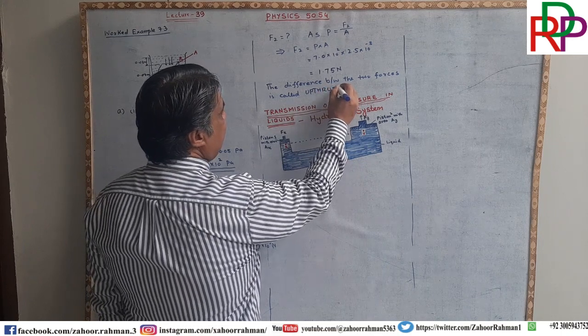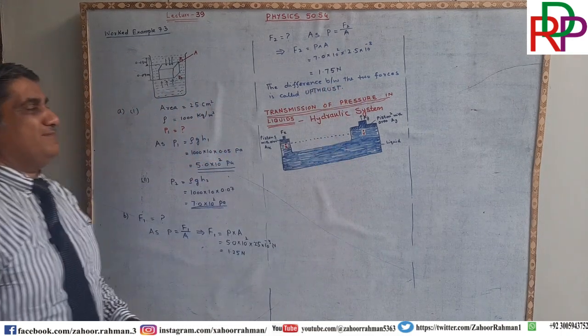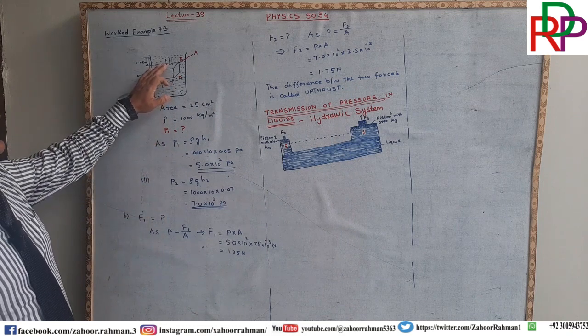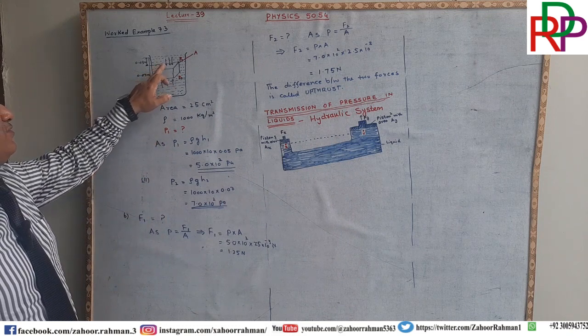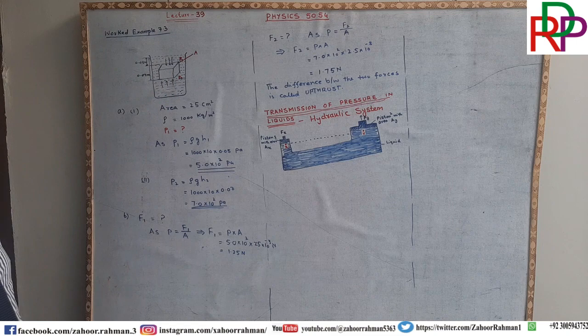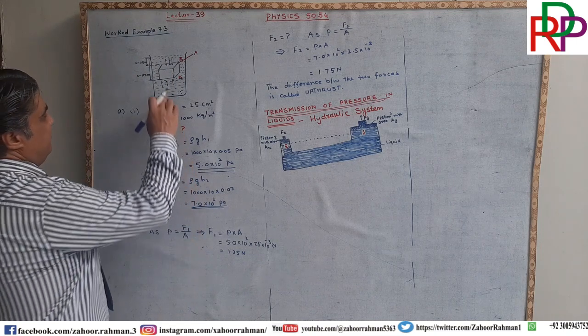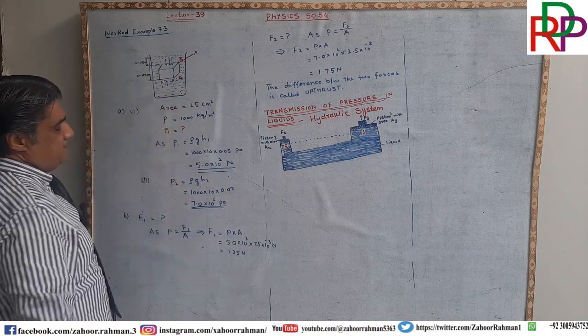It is called upthrust. The difference between the force at the top surface and the bottom surface.